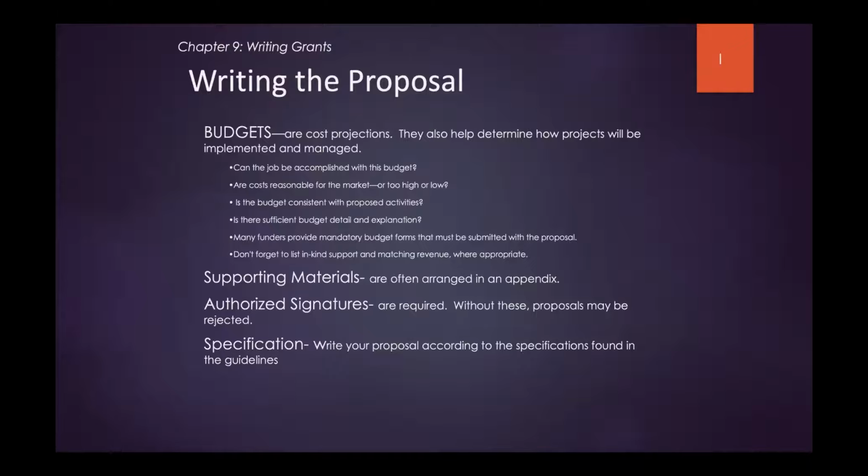So you can say, okay, an organization is going to volunteer, and all my students are going to volunteer, and all of them are working the whole semester on this. So I can match that at $25,000, right? But I have to check if they will accept that as in-kind support.